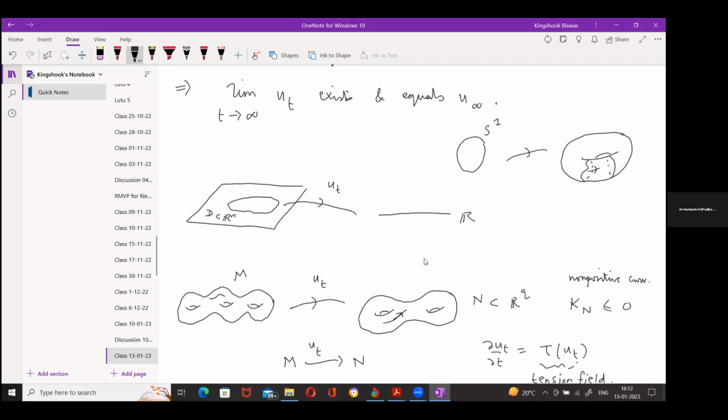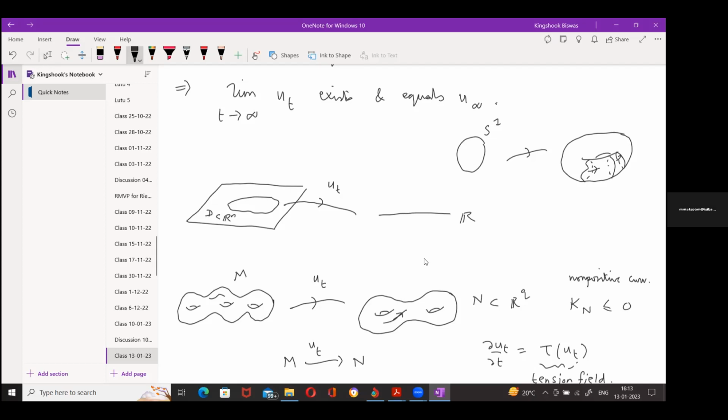But this solution is not unique, because since the curvature is zero, I can slide this. There's a one parameter family of geodesics parallel to this. So I don't have uniqueness of the harmonic map.